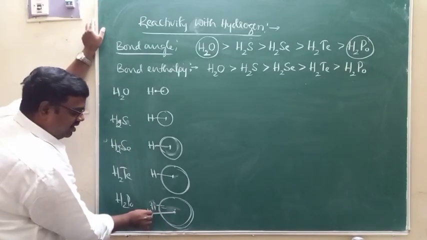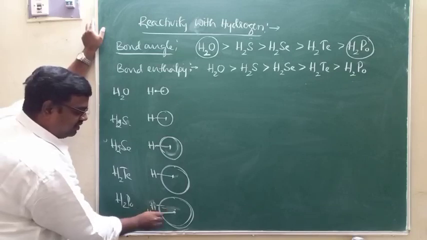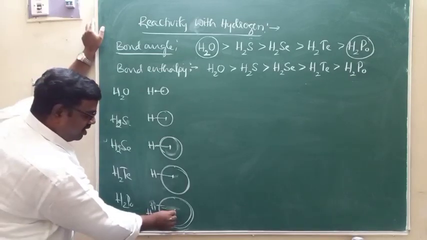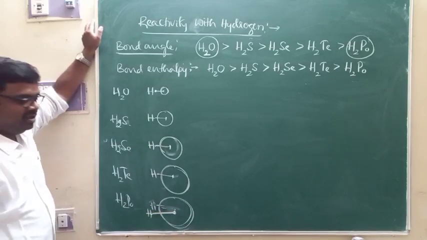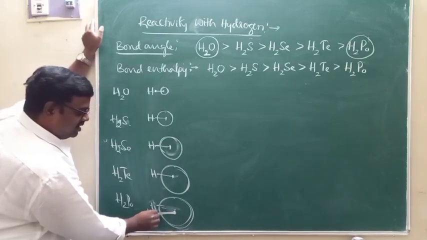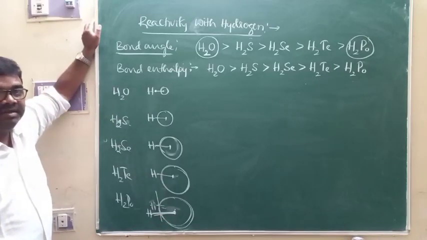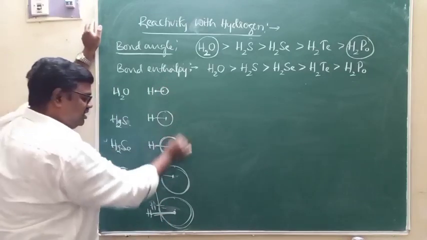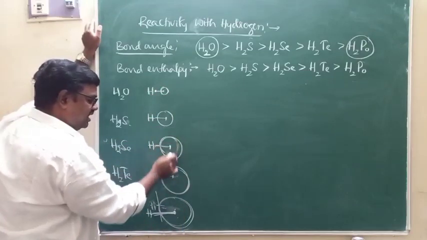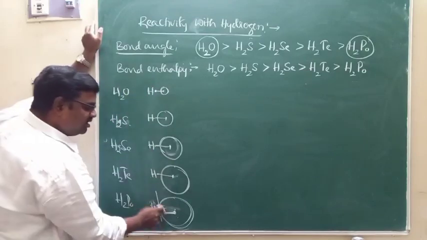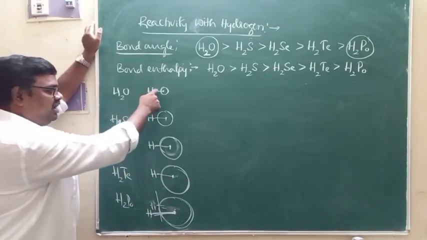There is a large distance between the nucleus of hydrogen and the nucleus of polonium, and therefore the bond length is very large. If the bond length increases, the energy required to break the bond decreases. Therefore, from oxygen to polonium, the atomic size of the central atom increases, then bond length increases, therefore the energy required to break the bond decreases.